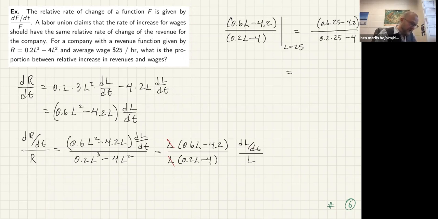So let's see, what is that? 15 minus 4.2, divided by 5 minus 4. So 10.8. You might want to check me on that. But the proportion between the relative rate of change of the revenue increase and the relative rate of change of the labor increase is 10 times, nearly 11 times.